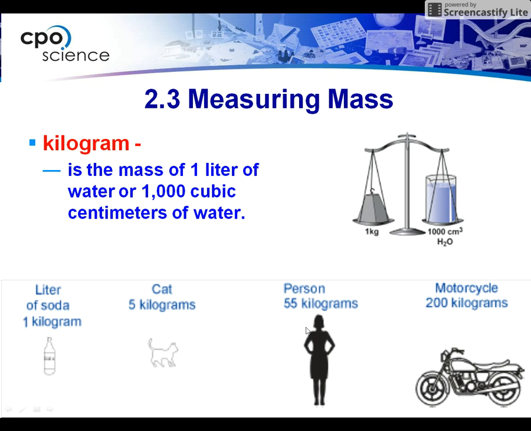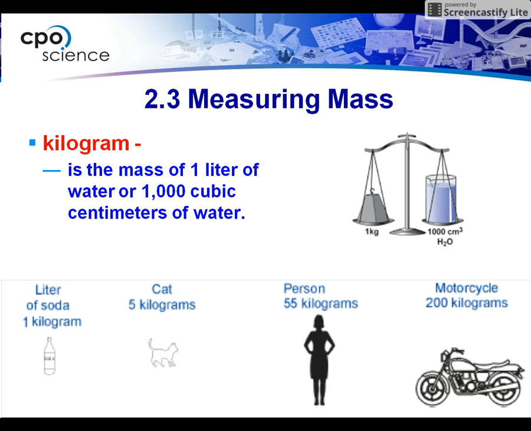So this person is probably 120 pounds. So 120 pounds is 55 kilograms. That's just a rough estimate. Again, a motorcycle that's 200 kilograms, if you multiply by 2.2, that will tell you how many pounds it is. So a motorcycle is probably about 440 pounds.